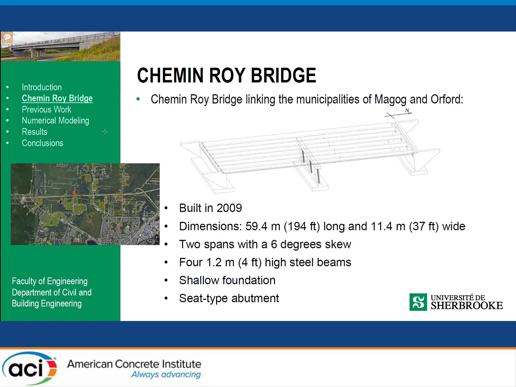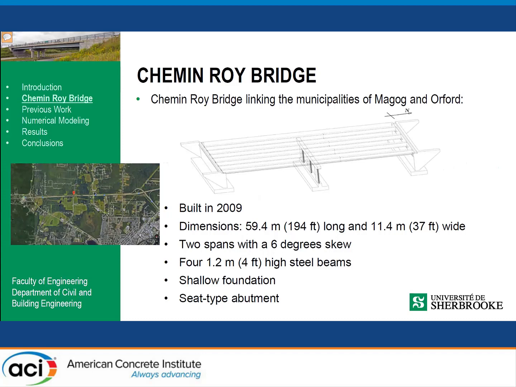This is the bridge, located in Quebec, in Magog, right here on Highway 10. The University of Sherbrooke is somewhere here, and my house is right there, so it was really convenient to test this bridge. It was built in 2009.